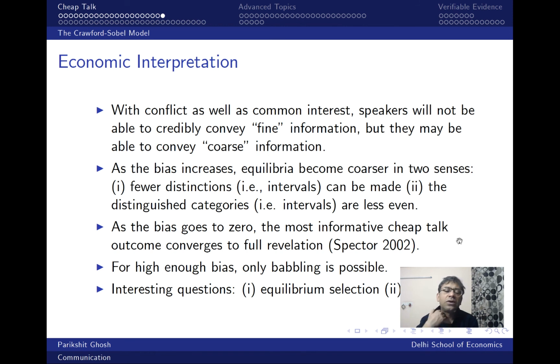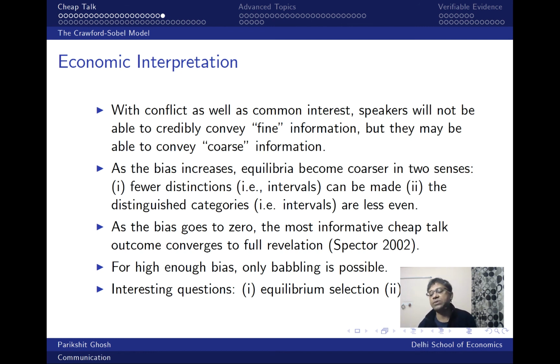So two questions remain. One is equilibrium selection. We have seen that you can construct a number of different equilibria, starting from babbling, n equal to 1, and then a number of different partition equilibria up to some highest integer. Now, which of these are more likely to be played?